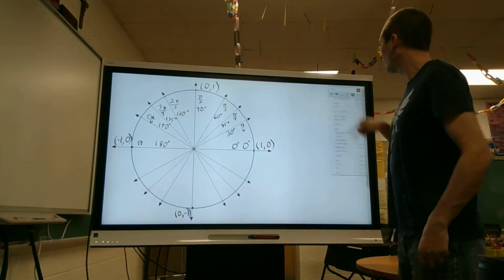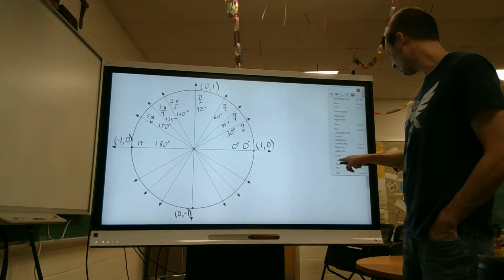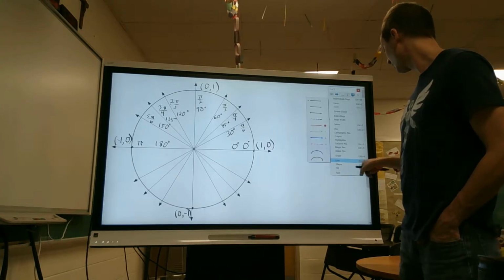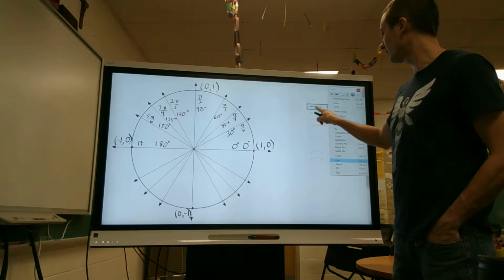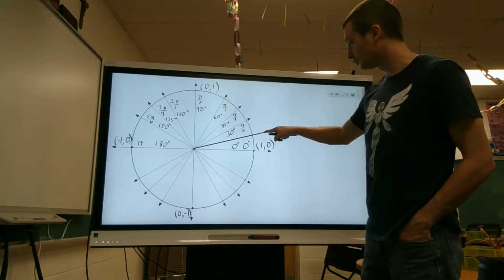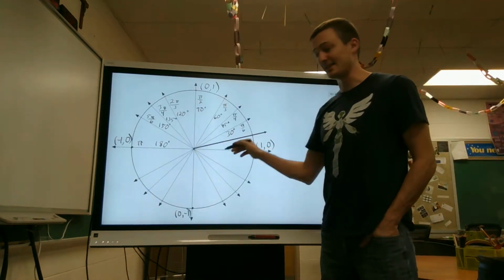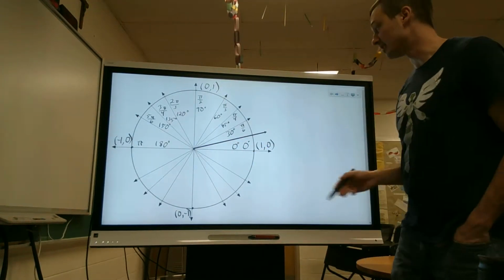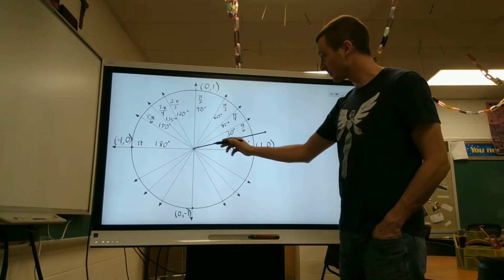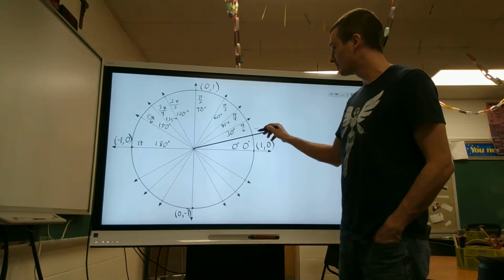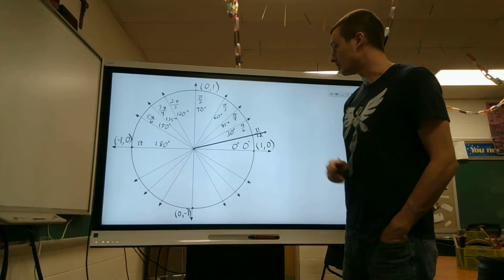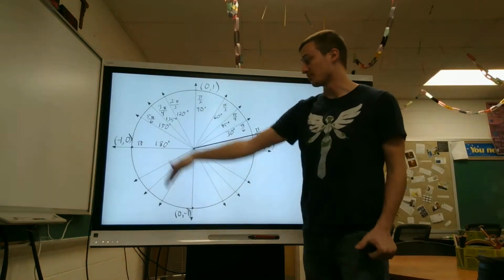Anyway, I could draw another line that looks like this right here. And let's pretend that split that in half. Each of these would be 15 degrees. So this would be pi over 12. So technically, the unit circle could be split up into a whole bunch of pi over 12s.